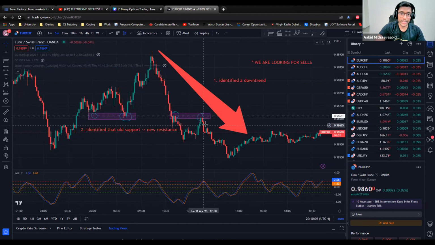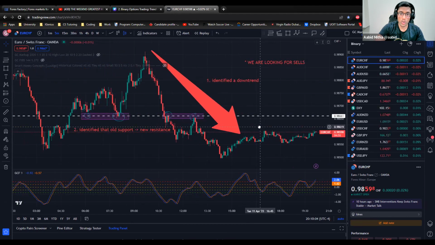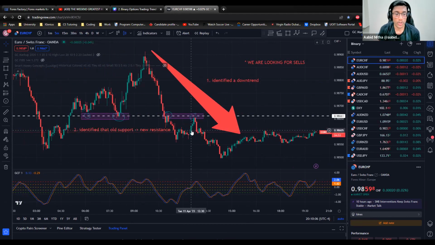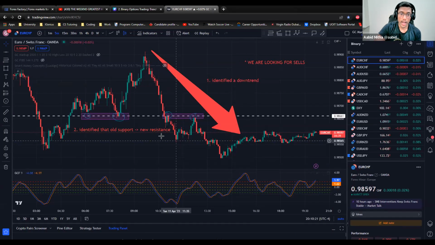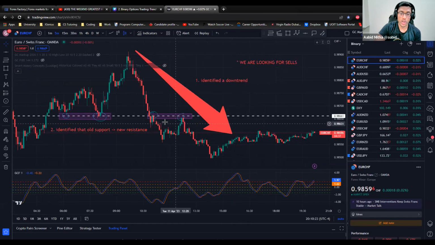But yeah, this is a start, I'd say, for anyone who is looking to start trading within the binary options market. Try to understand the concepts of trend analysis and zones, being the support and resistance zones, and just try to analyze the chart and draw these zones out, right?